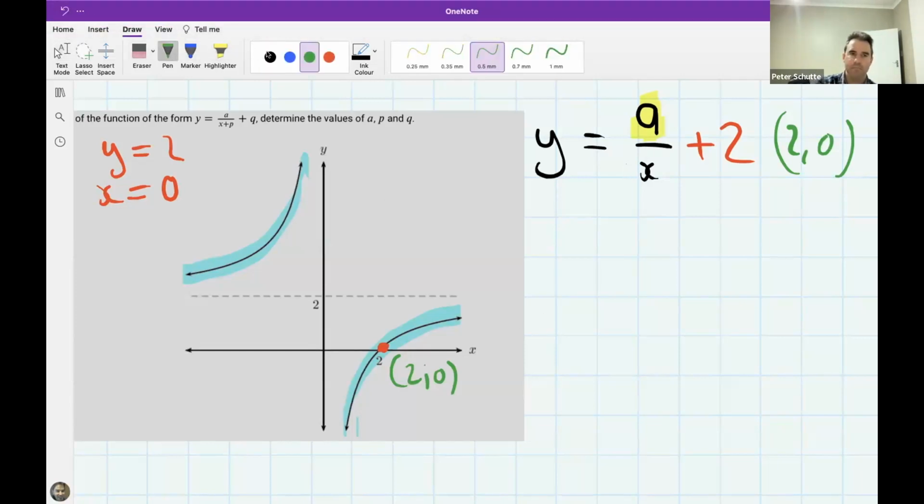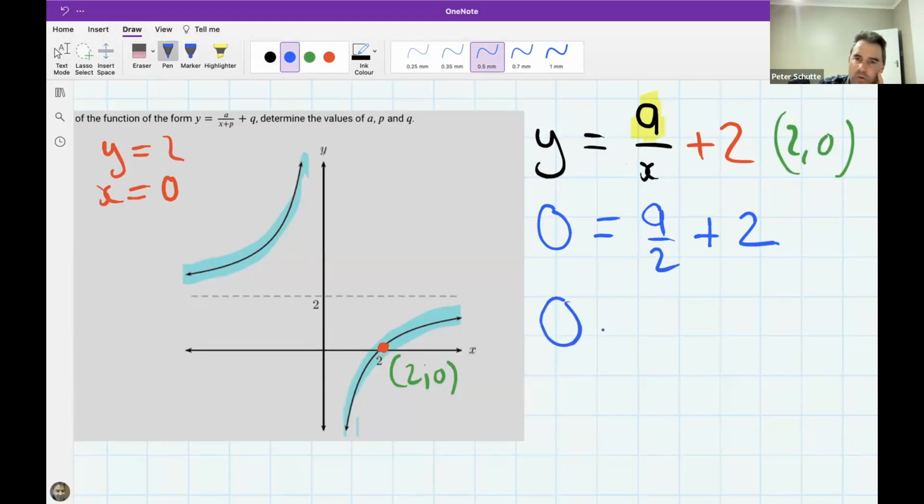So what do we get here? 0 equals a over 2 plus 2.